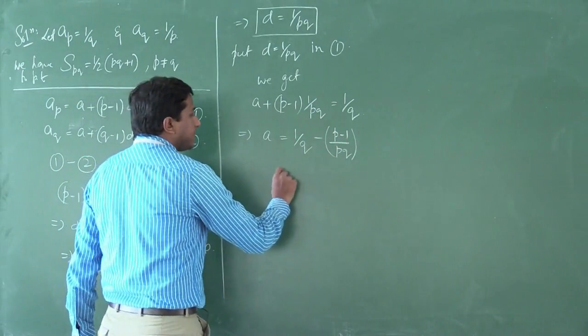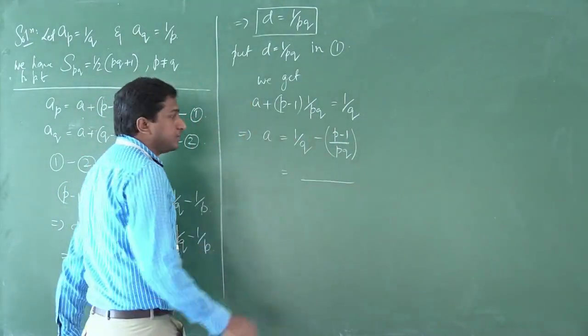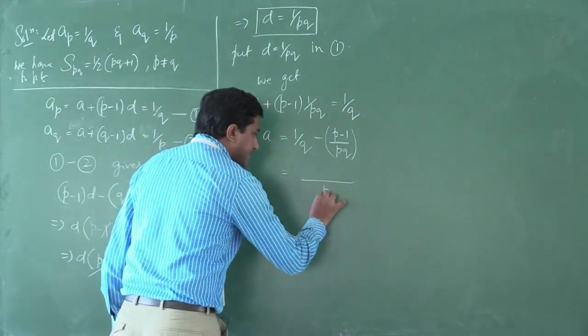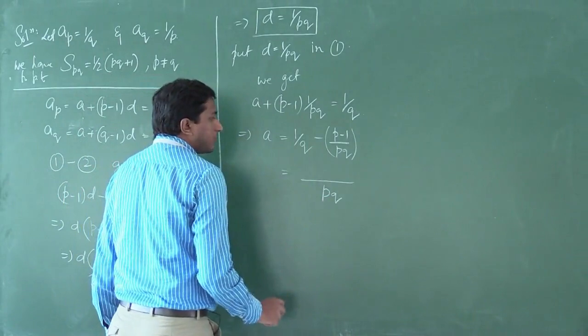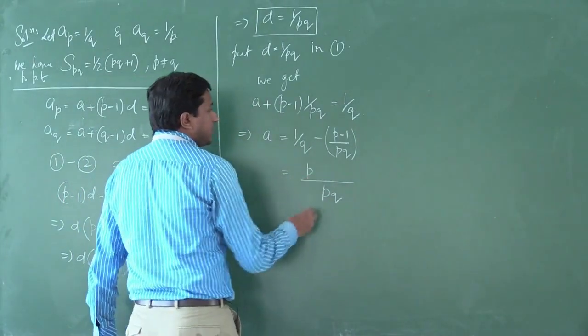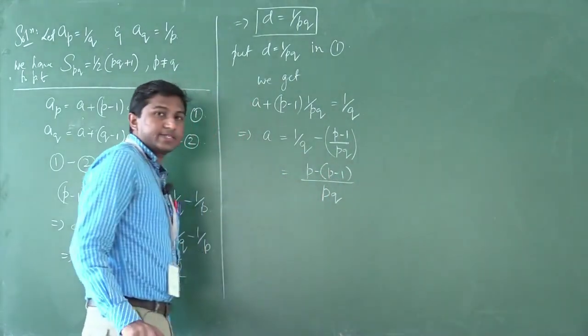On further simplifying this, okay, so what is the LCM here? I can take the LCM as p into q. So what remains in the numerator? I have p minus of p minus 1.